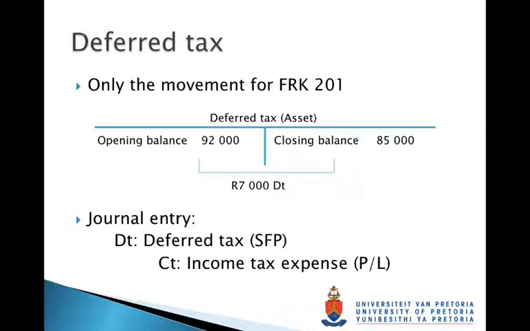Therefore you debit the deferred tax and you credit the income tax expense. Remember, the movement of 7,000 Rand is the movement in the deferred tax T account. So we told you it is an increase, and the increase is on the debit side. Therefore, you debit the deferred tax, and the credit side will be income tax expense.